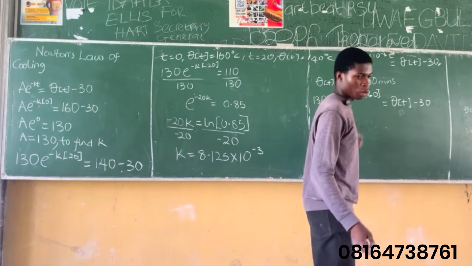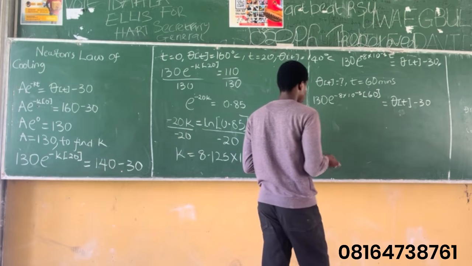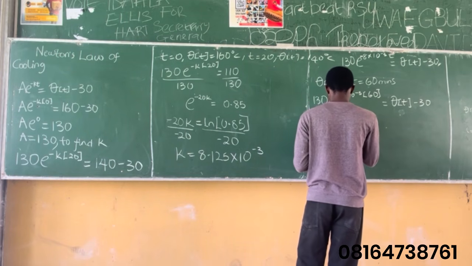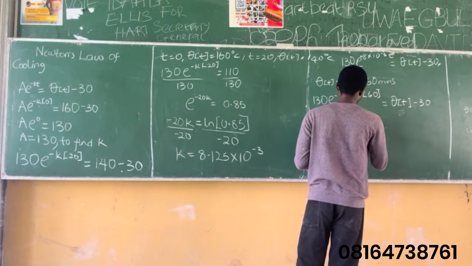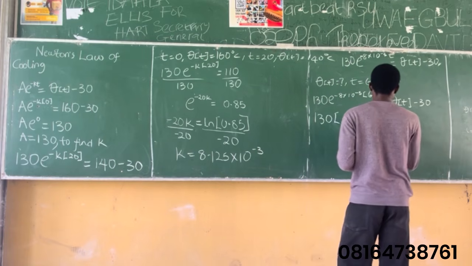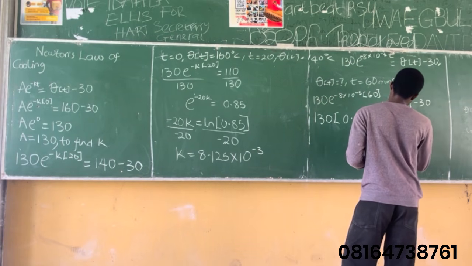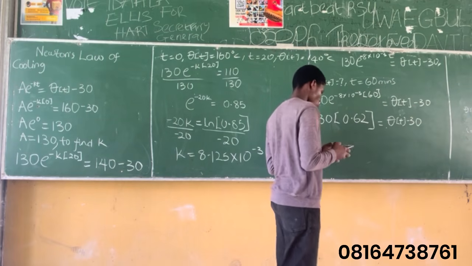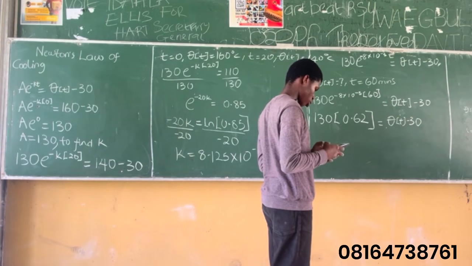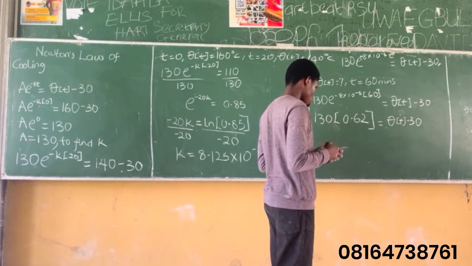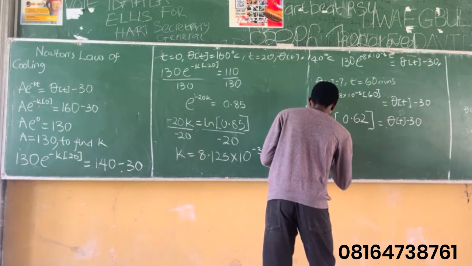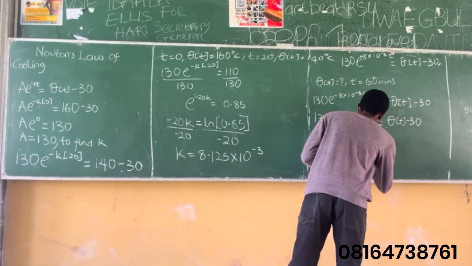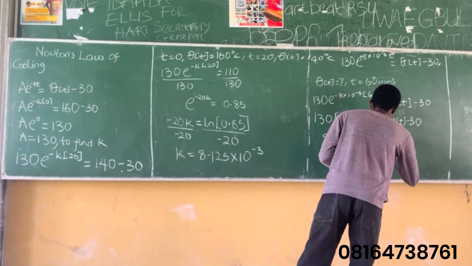So now let's work out this equation. This is giving us 130 multiplied by 0.62 is equal to theta t minus 30. So now 130 times 0.62 is giving us 80.6, plus 30, which is equal to theta t.